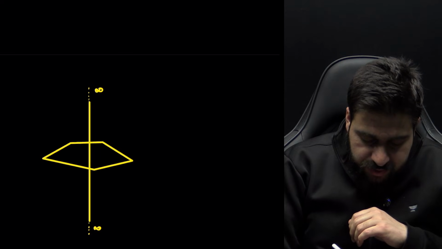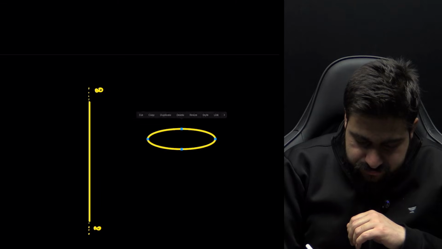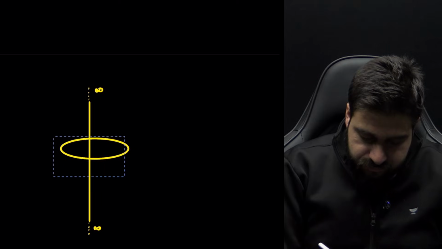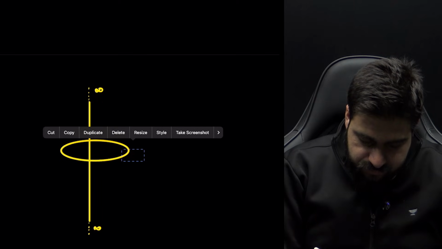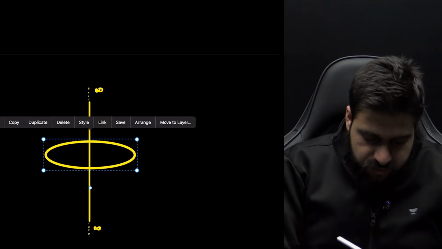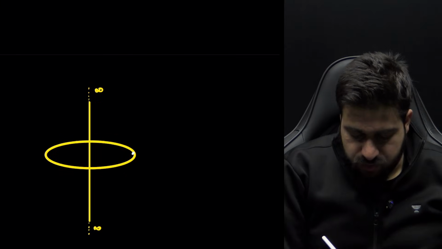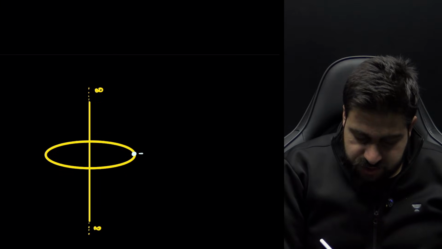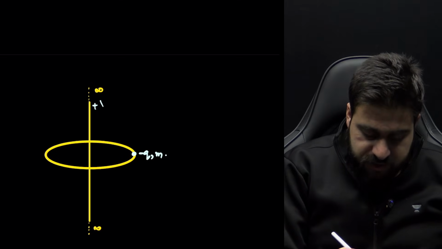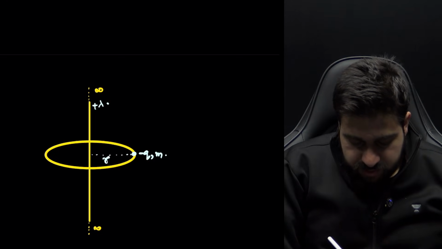And in this particular case, there is a charge which is placed over here, rotating in a circle. There is a charge minus q over here and its mass is m. Charge on this rod is plus lambda, that is positive, and it is at r distance.